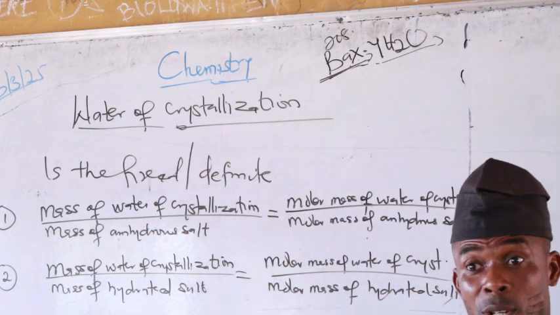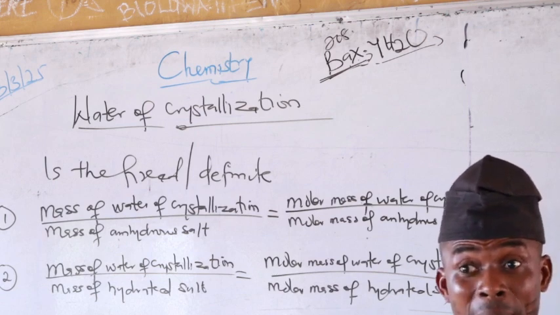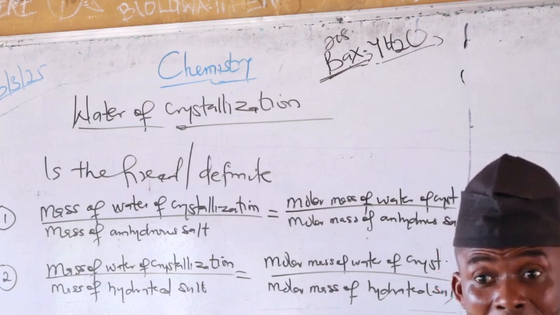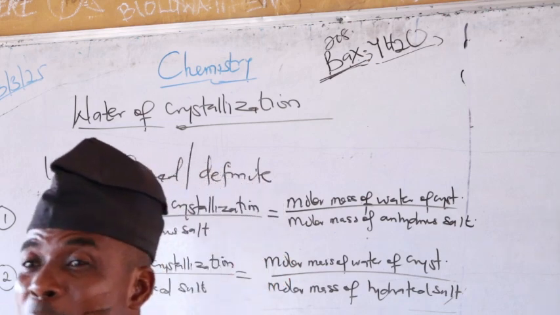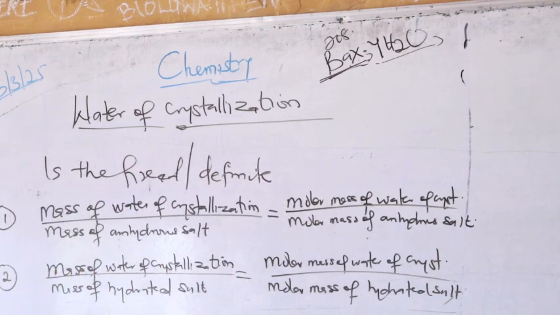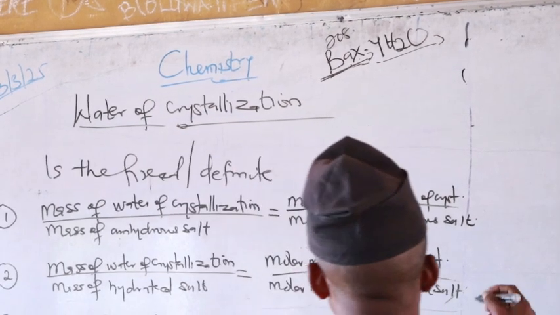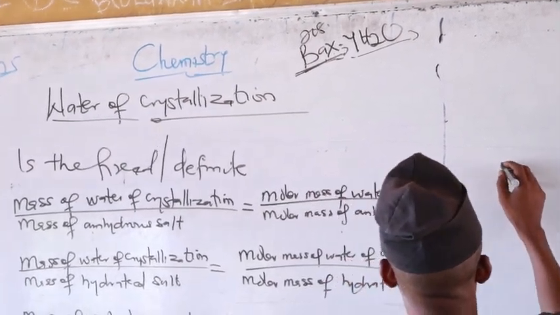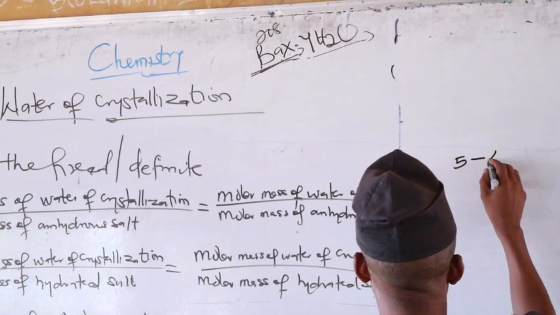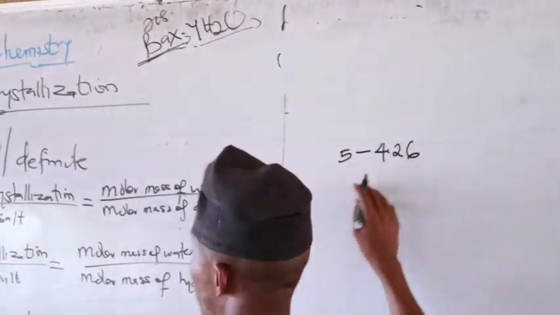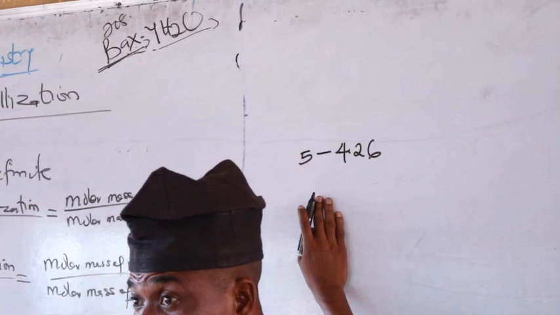So if I use this one now, the mass of water of crystallization is going to be what? Are we given that in the question? But you can find it. The mass of water of crystallization is going to be mass of hydrated salt minus mass of anhydrous salt. That is 5 minus 4.26. Are we together?